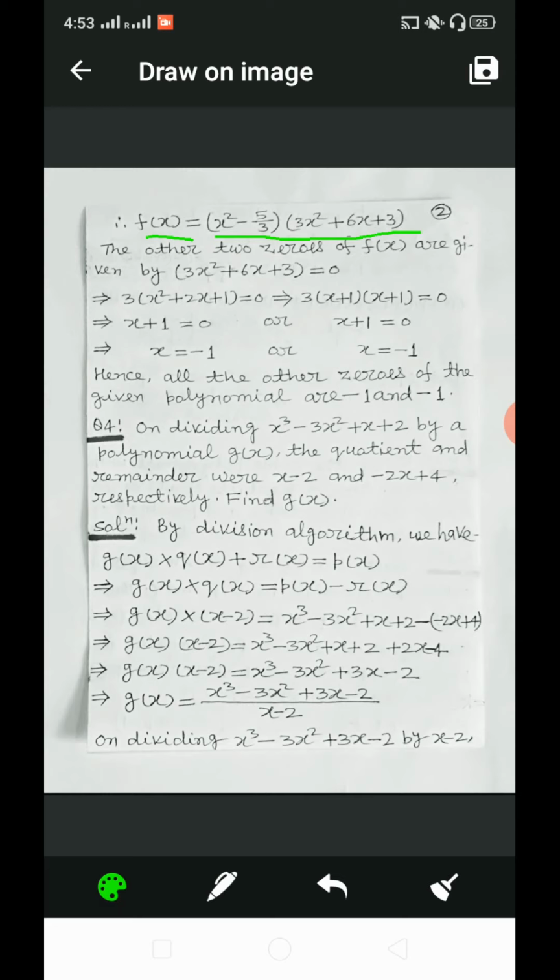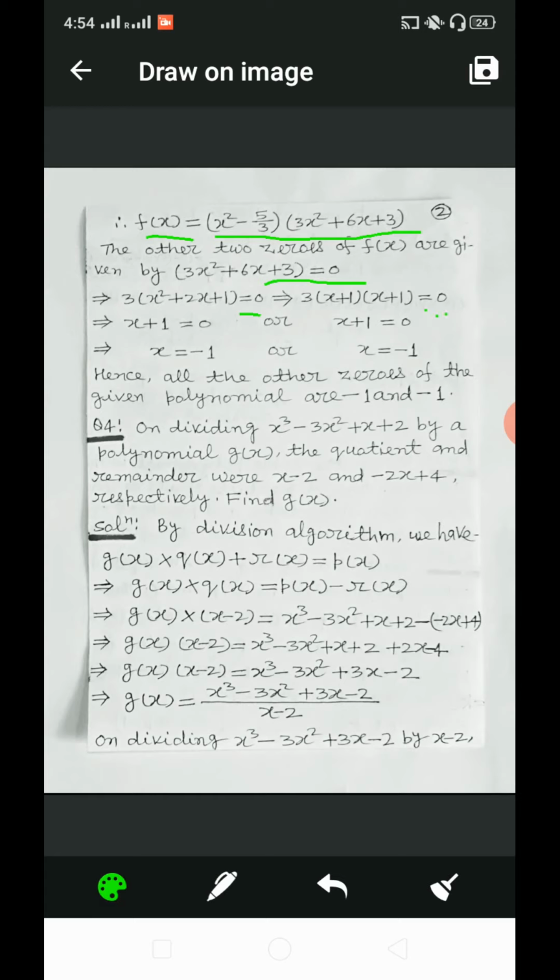The other two zeros of f(x) are given by 3x square plus 6x plus 3 is equal to 0, and taking 3 as common, we get 3 into x square plus 2x plus 1 equal to 0, and this implies 3 into x plus 1 into x plus 1 equal to 0.